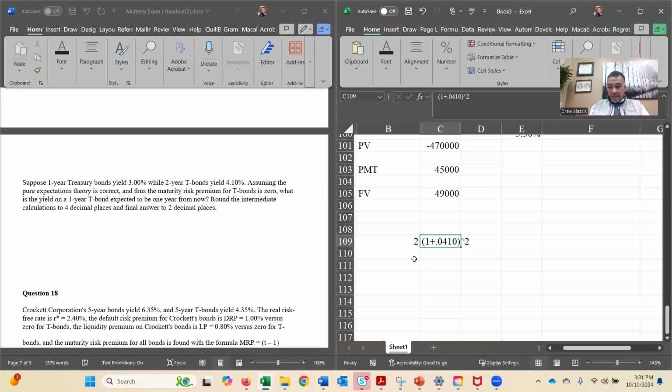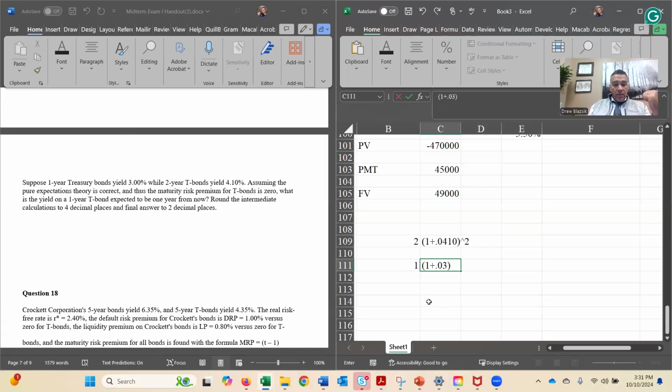It happens twice, right? And then a 1 year is 3%. And that'd be 1 plus 0.03 to the 1 power. I won't write it down, but to the 1 power.